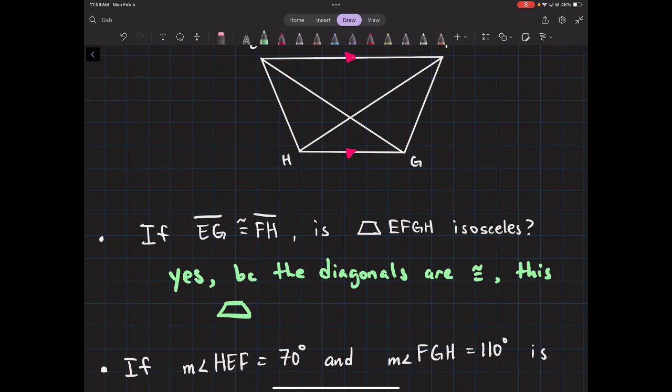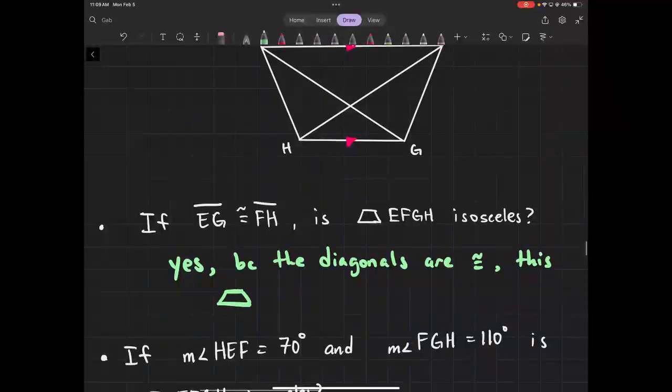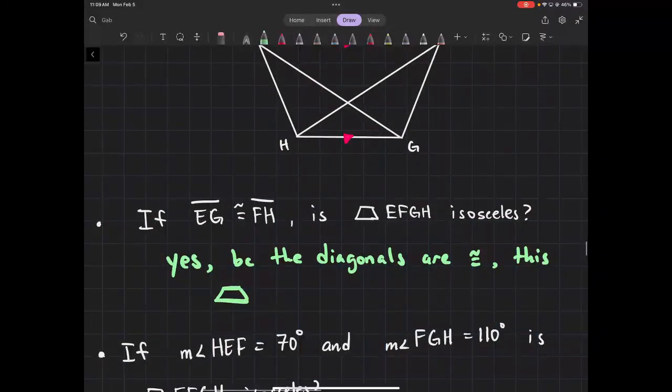If you draw anything else and you're trying to say that this thing is a trapezoid, then I will question you or take off points. Then this trapezoid is isosceles. Kevin, make sure it looks like a trapezoid.